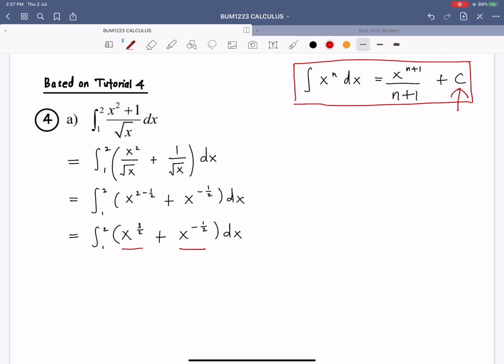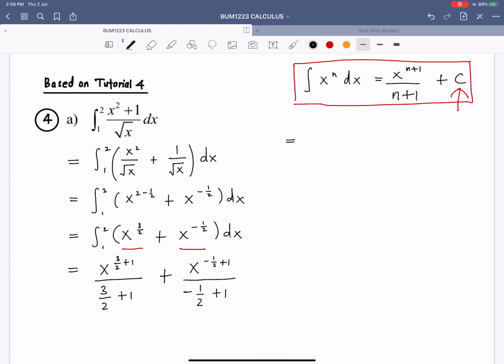So what we will do next is, this is equal to x to the power of 3/2 plus 1 over 3/2 plus 1, plus x to the power of negative 1/2 plus 1 over negative 1/2 plus 1.